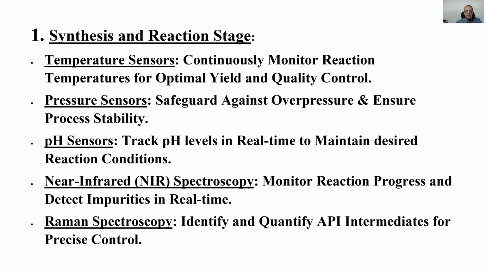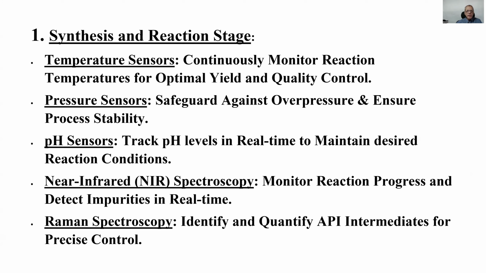The various sensors which are normally used at a synthesis or reaction stage in API manufacturing are, first, temperature sensors, which continuously monitor the reaction temperatures for optimal yield and good quality control. Second is a pressure sensor, to safeguard against overpressure and ensure the process stability.